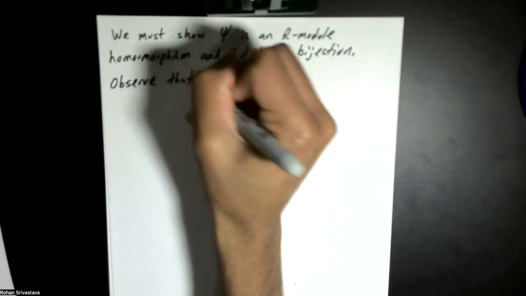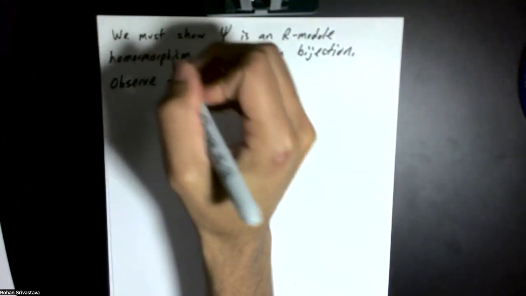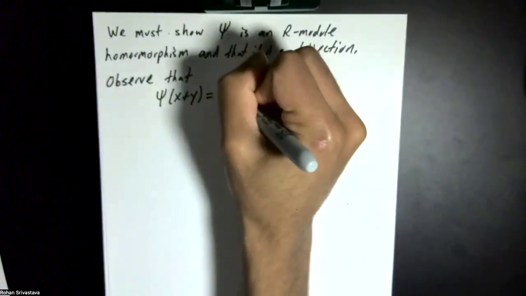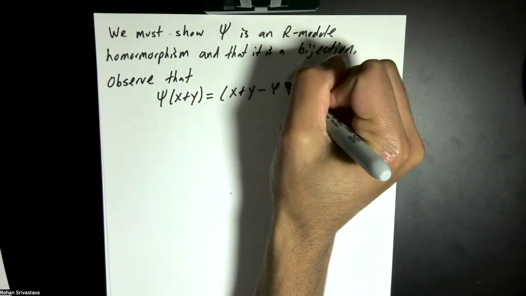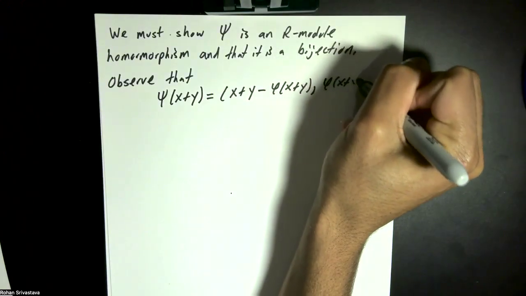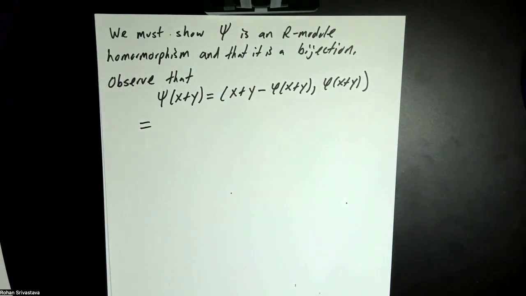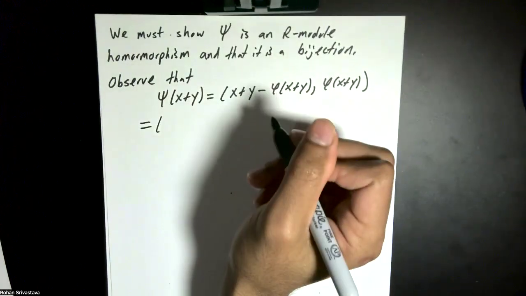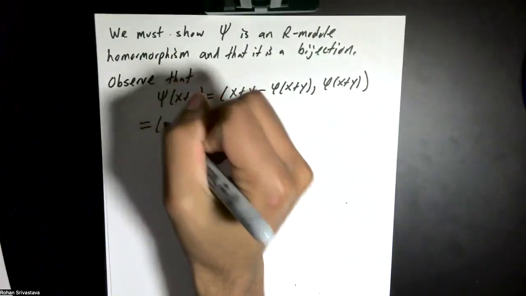So observe that if x and y are elements of M, then psi of x plus y is x plus y minus phi of x plus y, comma phi of x plus y, which is then, just using the fact that phi is an R module homomorphism, so we're going to rewrite things.